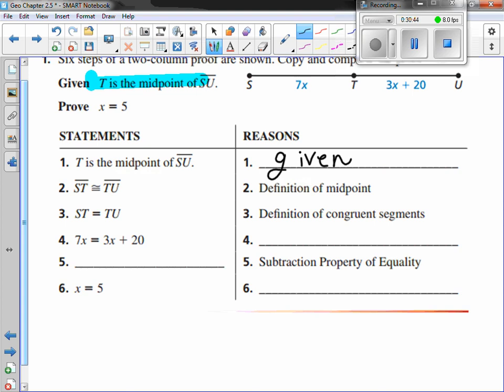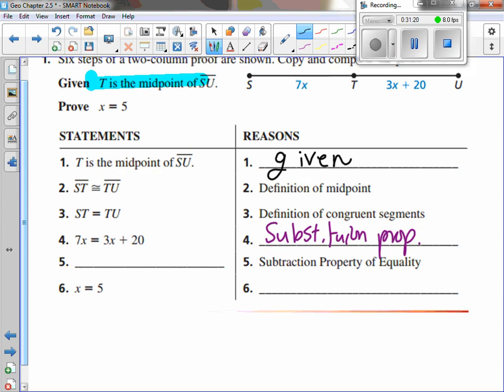Now that brings us to the next one. 7x equals 3x plus 20. So what are we doing? Well, we know ST is 7x, yes? Because it told us up here, 7x, 3x plus 20. So this here is our substitution property, because we're substituting in the values of ST and TU.